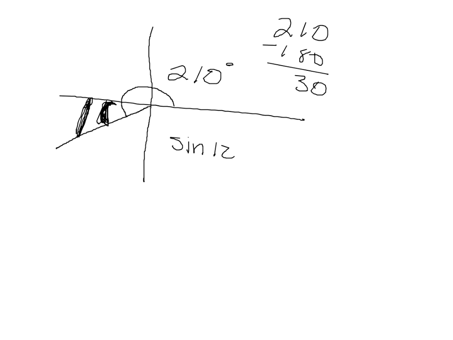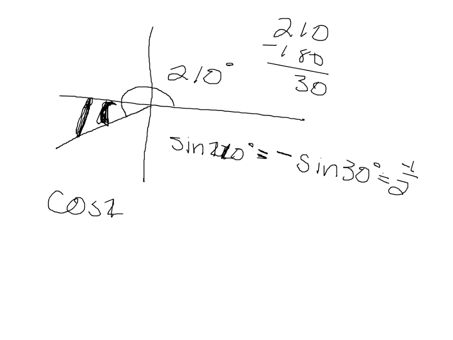So sine of 210 degrees. Now we're in quadrant 3. So in quadrant 3, sine is negative. So we get negative sine 30 degrees. Cosine of 210 degrees. We're in quadrant 3, so cosine is negative.